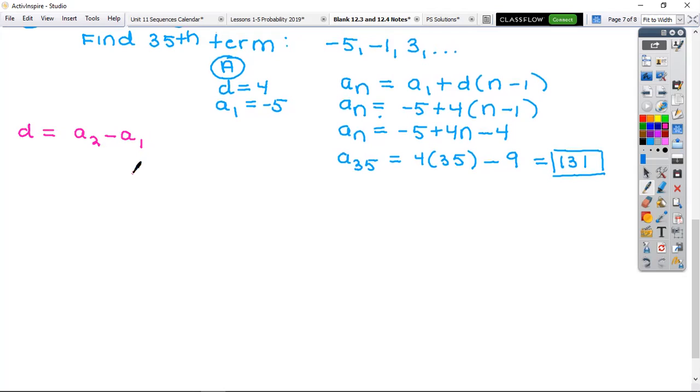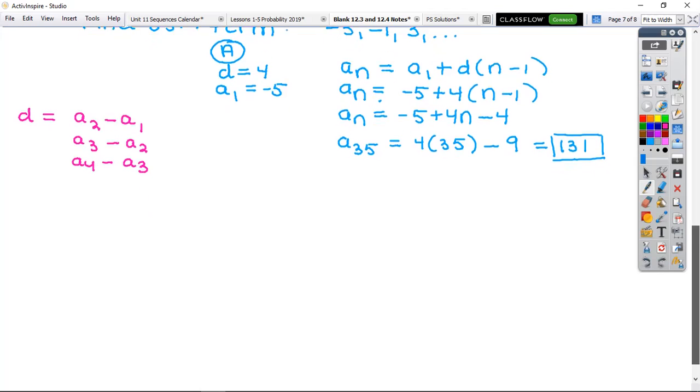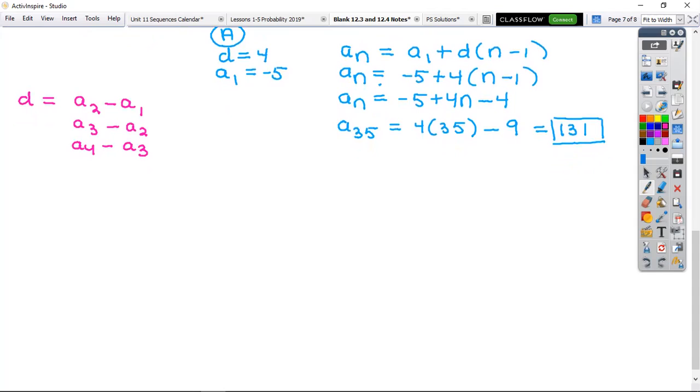So same thing. And if you're looking for if a sequence is arithmetic or geometric, check a couple of them. So if it was a tougher one, also do 3 minus 2 and make sure that's the same. And then check 4 minus 3 and make sure that's the same. And same thing for your ratios. Yep, good question. Yeah, because sometimes it's harder to see. It just depends on the complexity of your sequence.